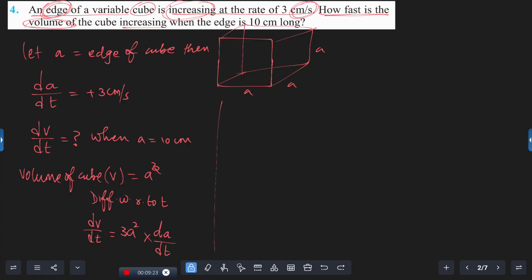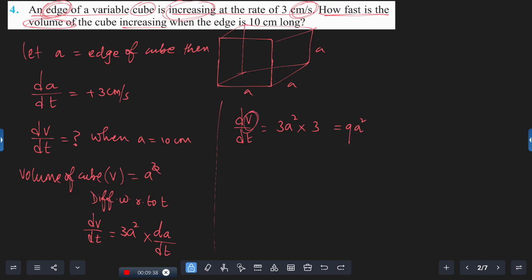So dV divided by dt equals 3 times a square multiplied by da by dt, which is 3. That equals 9a square.